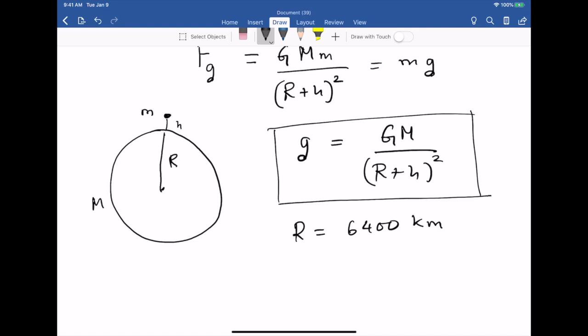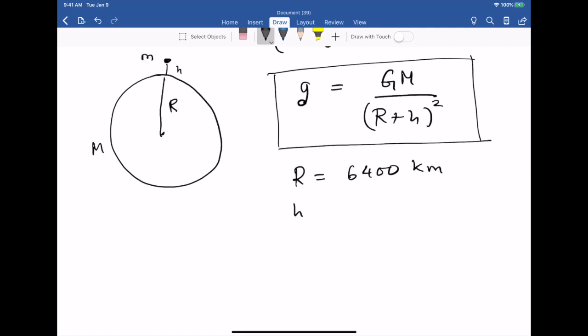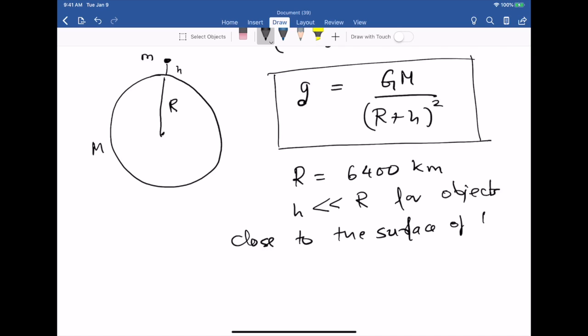Even Mount Everest is only 9 kilometers high. That's very, very tiny in comparison to the radius of the Earth. So h is much less than r for objects close to the surface of the Earth.